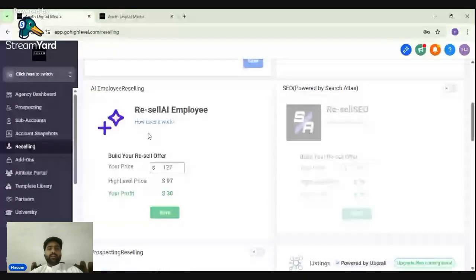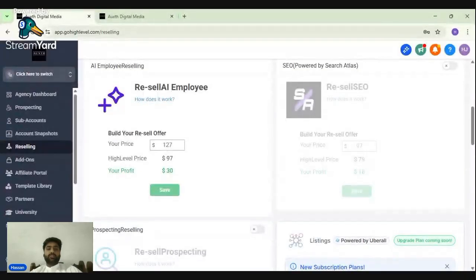You can see the AI employee that I just gave you as an example. GoHighLevel charges you $97 and you can charge more. If you approve this price, all the sub accounts on this agency account will only see the price of $127. They will not see the price of $97. So this is what SaaS mode and white labeling mean.